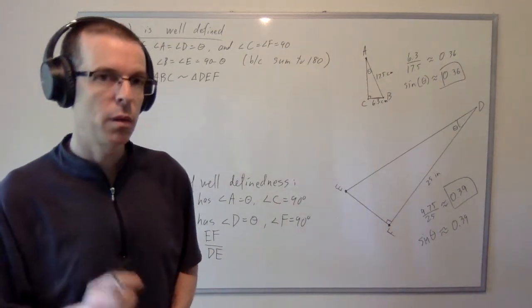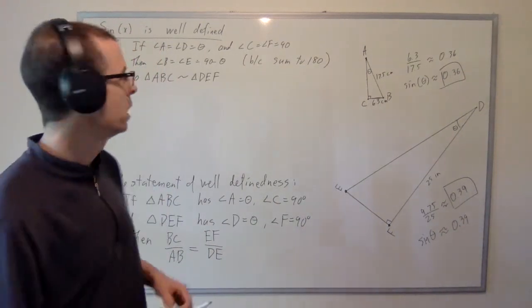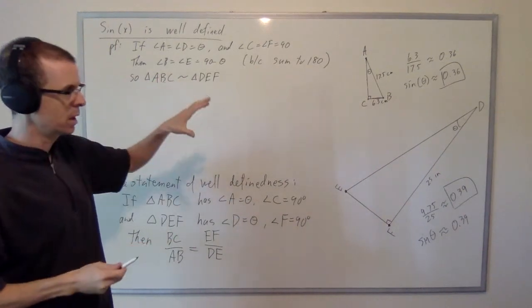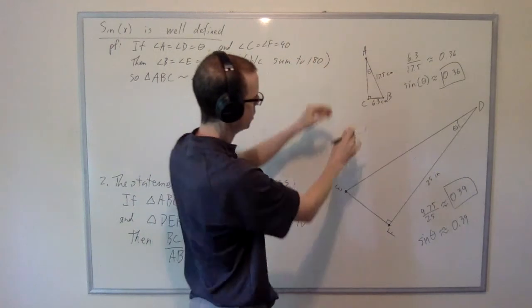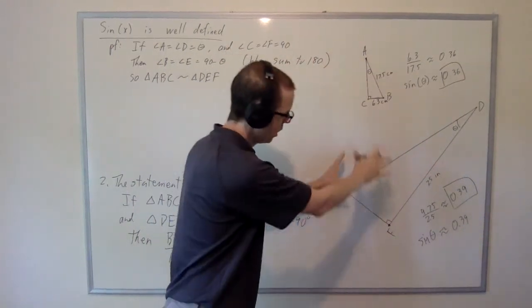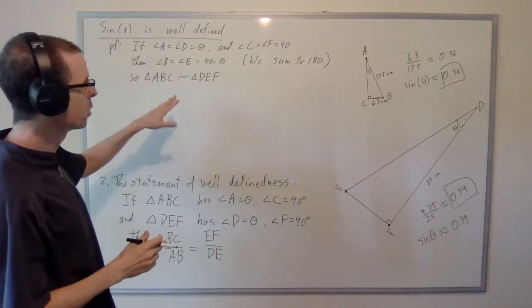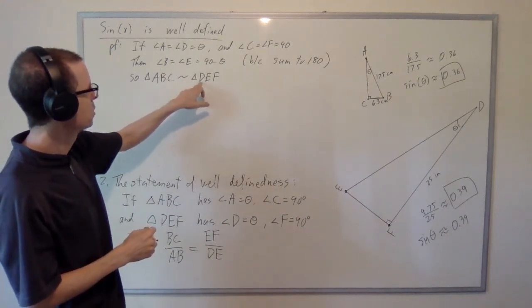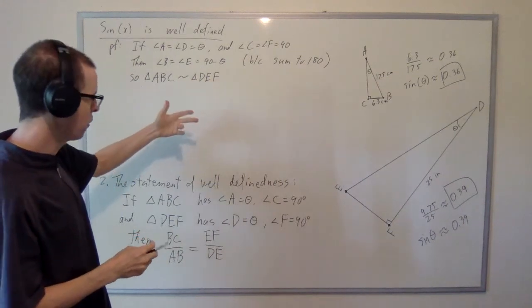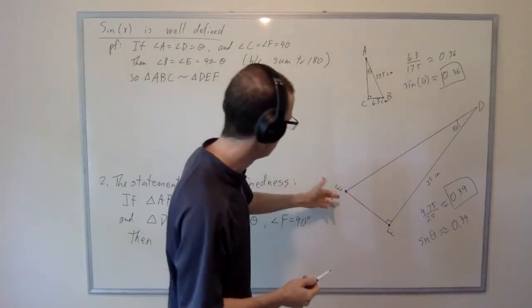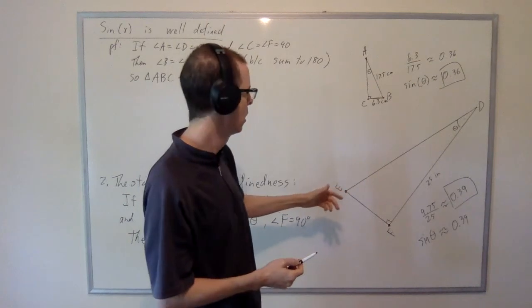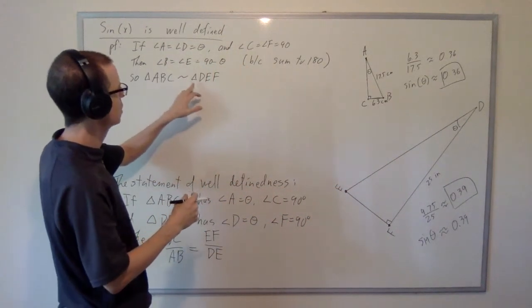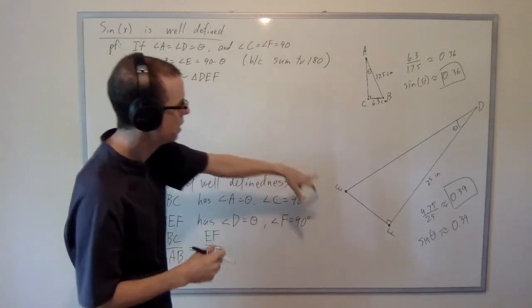We should always be very, very careful when stating that triangles are similar. The similarity statement between these triangles is not merely a statement that this triangle is similar to that triangle. It is an ordered statement. It is true that triangle ABC is similar to triangle DEF. And triangle DEF, of course, is the same triangle as triangle EFD, for example. But it would not be correct to say triangle ABC is similar to triangle EFD.